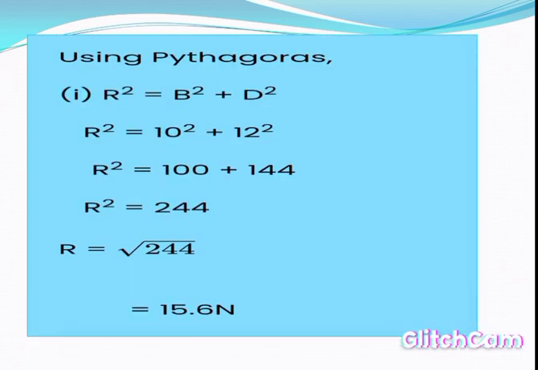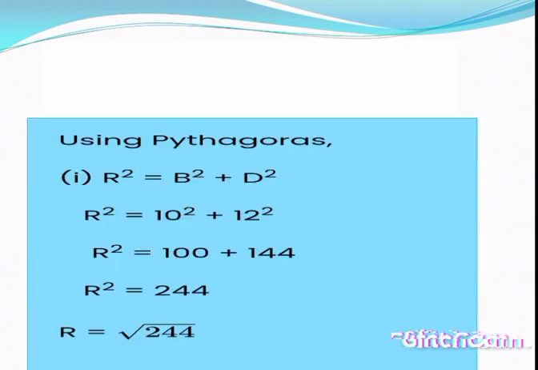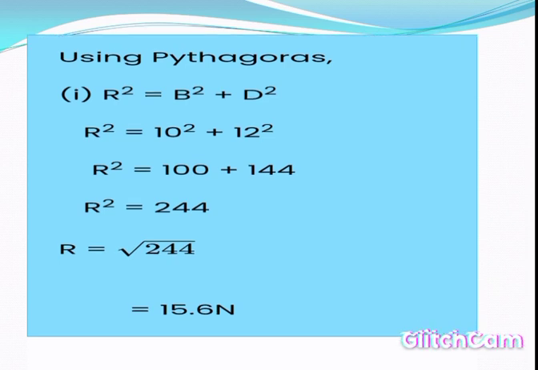So by using Pythagoras theorem, we know that the hypotenuse squared is equal to the sum of the square of the remaining two sides. So we are going to have r squared equals b squared plus d squared, and r squared equals 10 squared plus 12 squared.